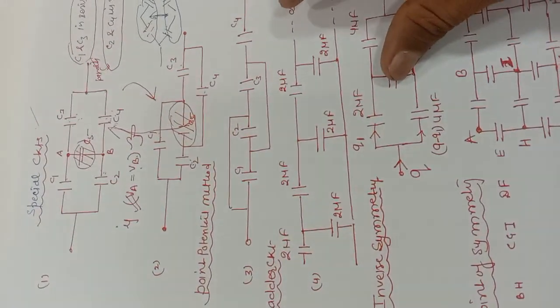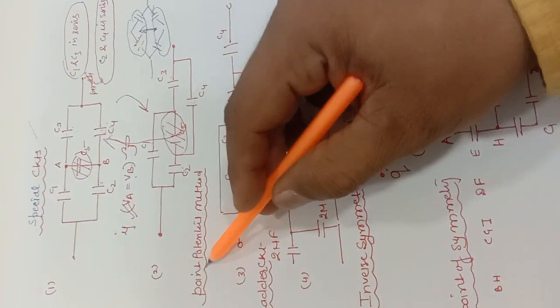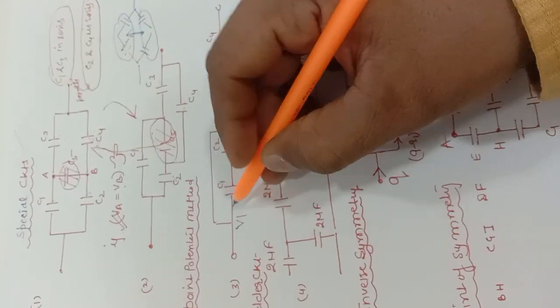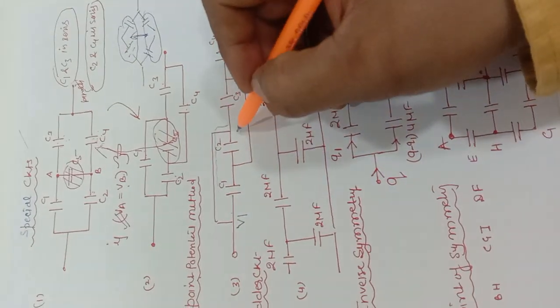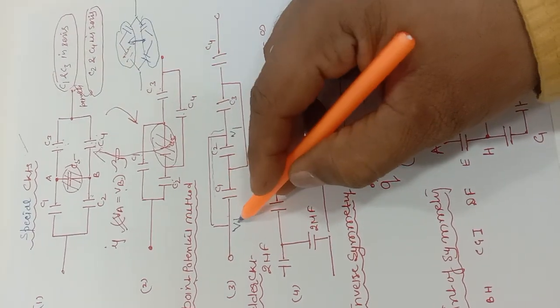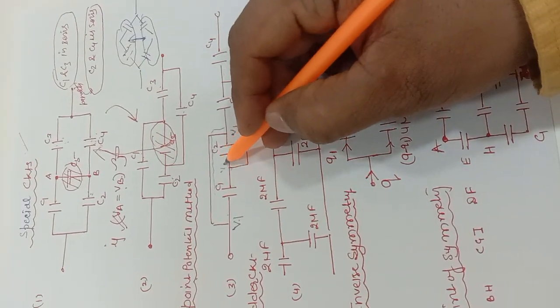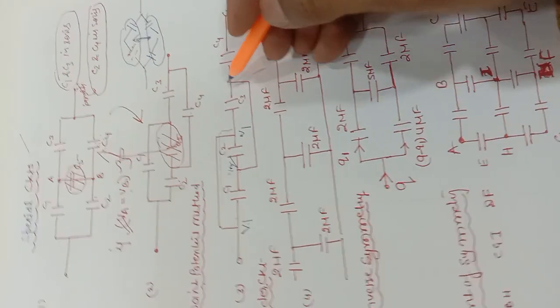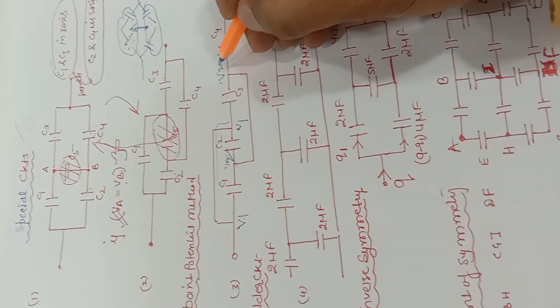Now let's quickly get back to what is called the point potential method. Let's say the potential here is V1, so it will also be V1 there. Let's say this point's potential is V2, so this potential will also be V2.